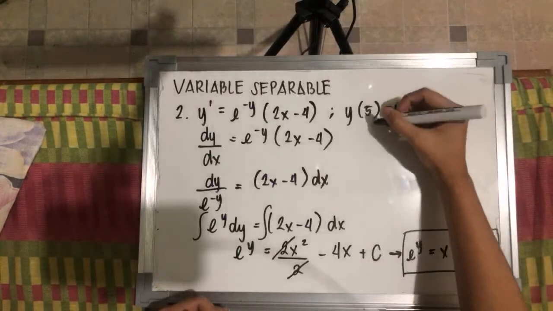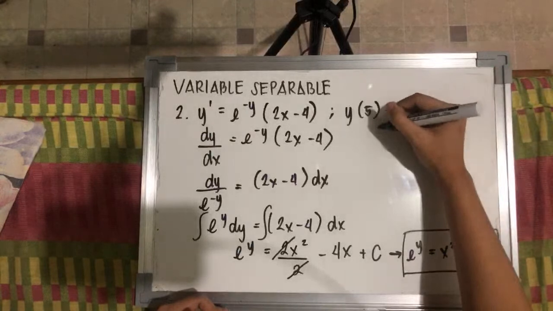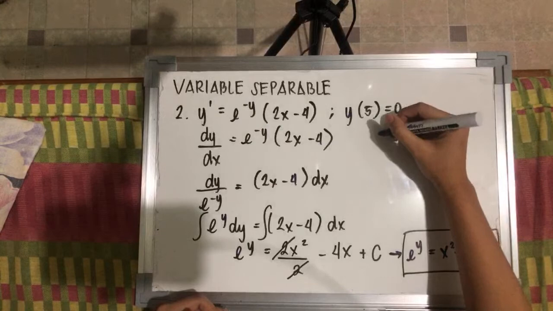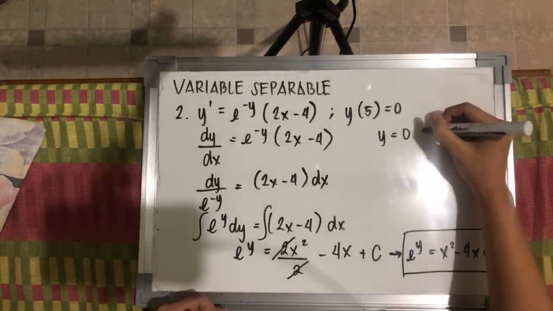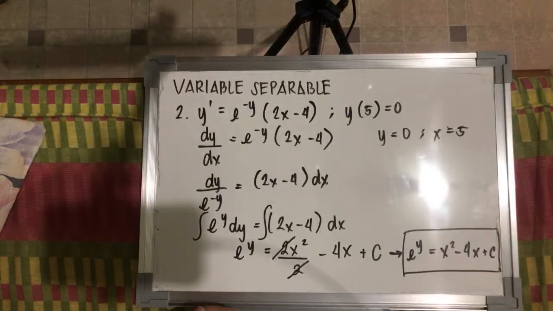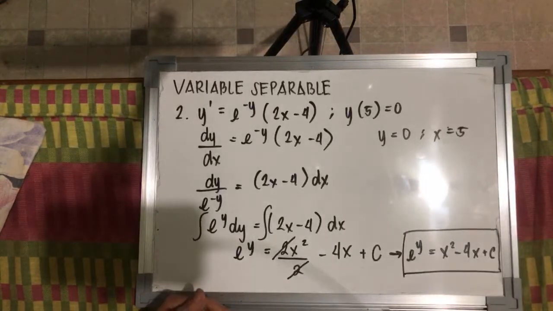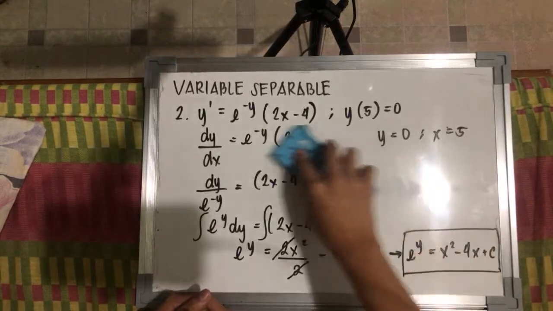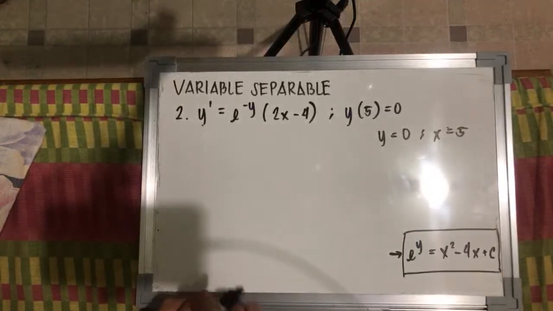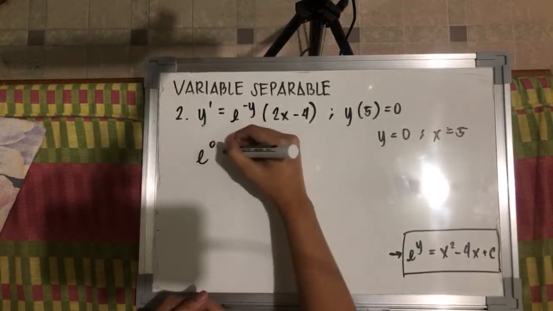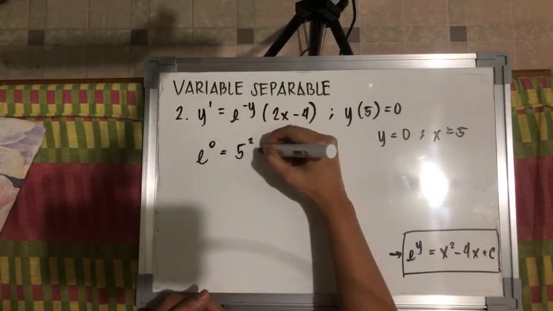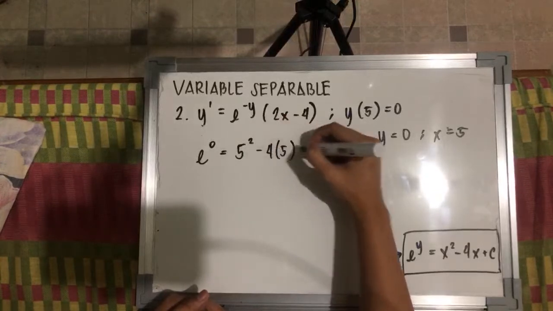Now, given pa rin ito, which is when y is equal to 0, x is equal to 5. So, sa-substitute ko siya sa general solution natin para makuha yung value ni c. Magiging e raised to 0 is equal to 5 squared minus 4 times 5 plus c.